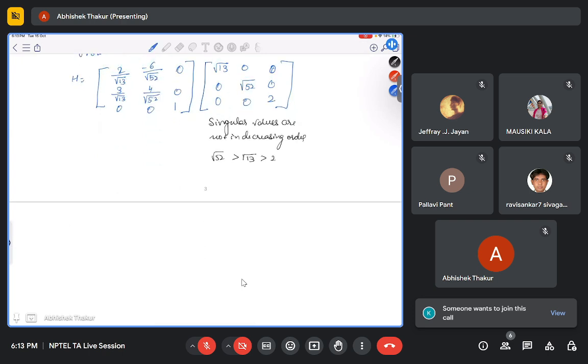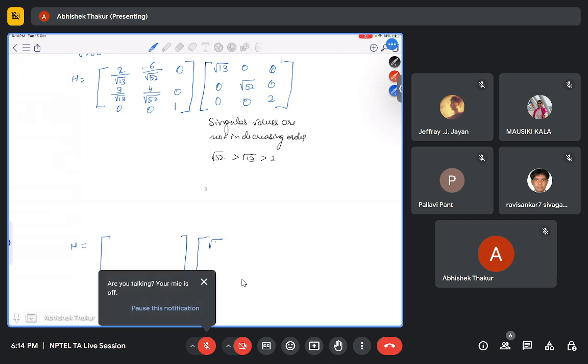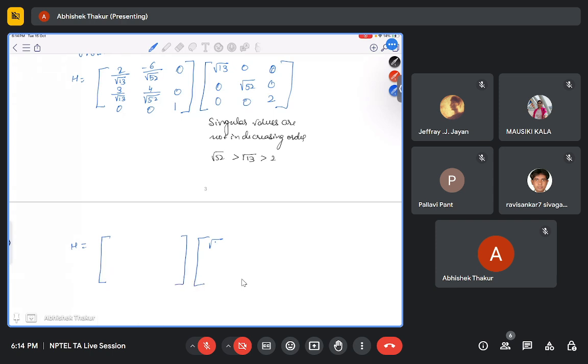So for making it in decreasing order, we will interchange row 1 and row 2 of this, so it will become 0, root 52, 0, root 13, 0, 0 and 0, 0, 2.